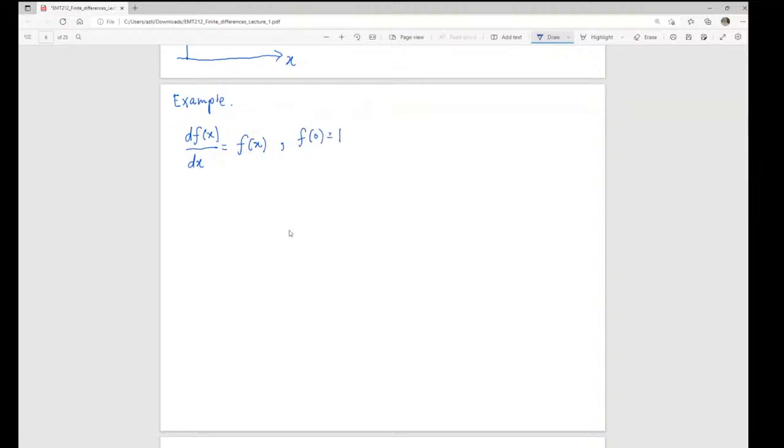We know the exact solution is e to the x.